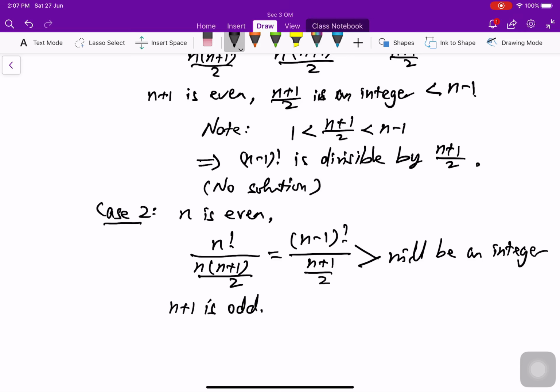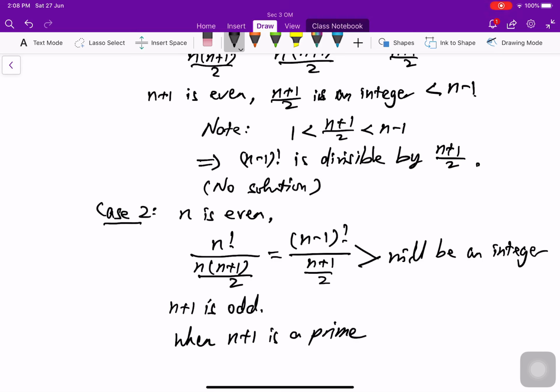It will happen when n plus 1 is a prime.